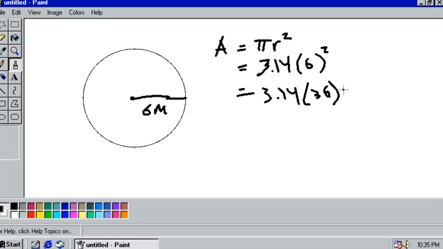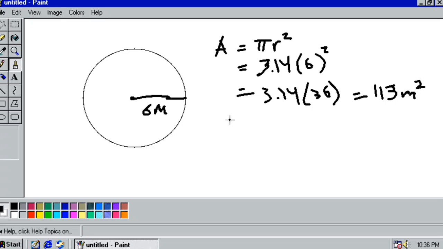So if we plug 3.14 times 36 in a calculator, it will be 113. This is an estimate, by the way, meters squared.